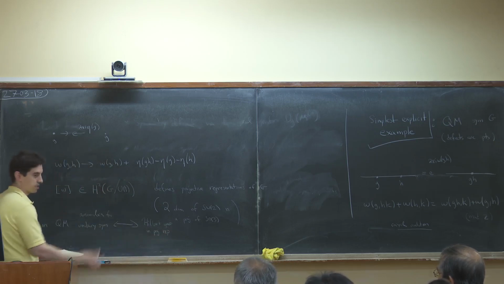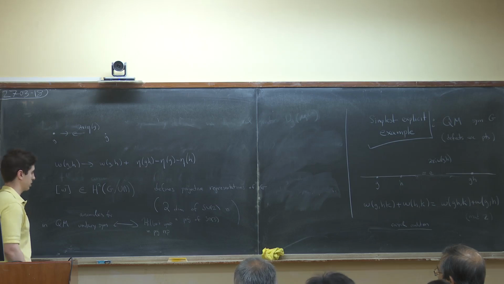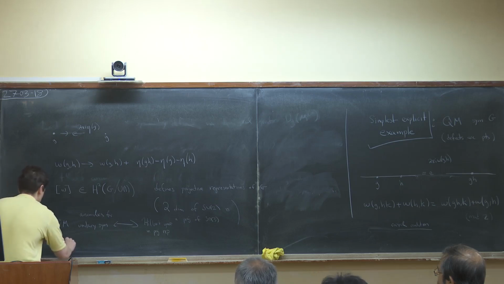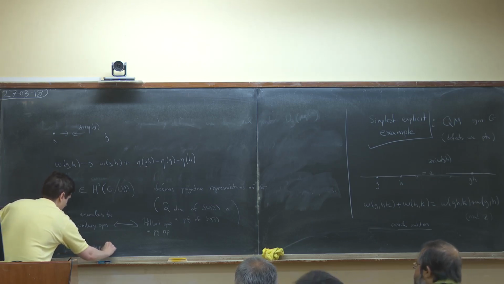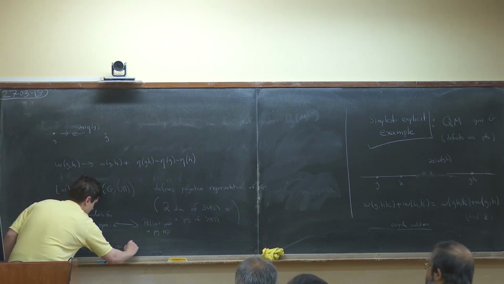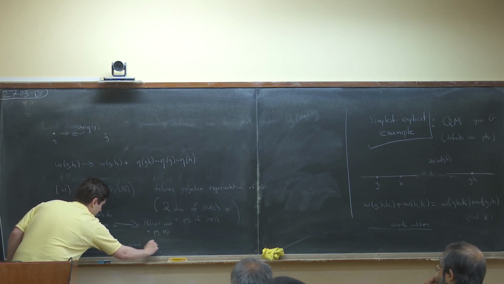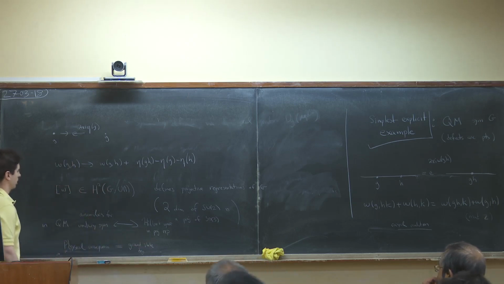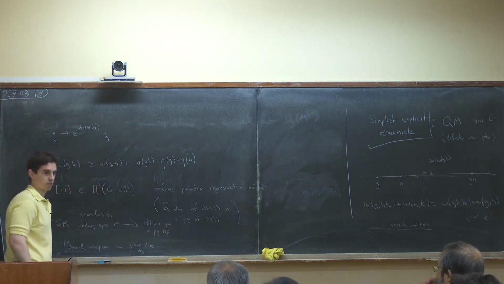And since it matches on all scales, as we discussed, anomalies match as we go to lower and lower energies, the physical consequence is ground state degeneracy. So not only is the Hilbert space in a projective representation, but the ground states are in a projective representation.